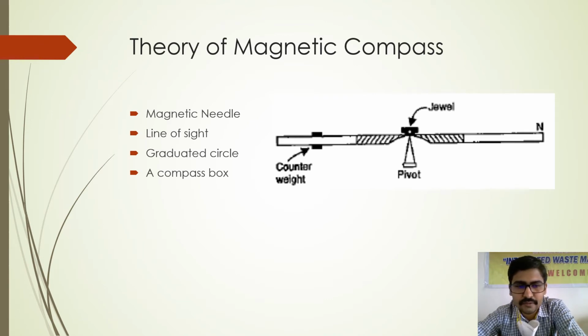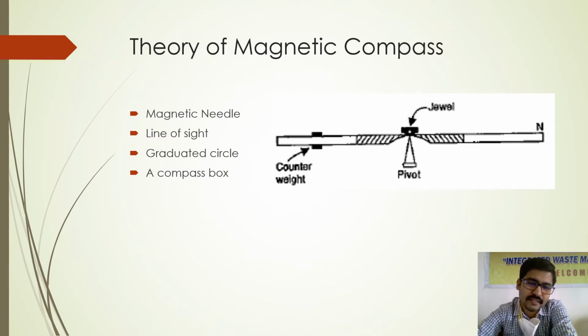The last one which is required is a box which will encompass all three: magnetic needle, line of sight as well as graduated circle. All three should be placed in one single box. So a compass box is required to hold all the three which we have mentioned above. Whenever we construct a compass, make sure that you have all four entities.